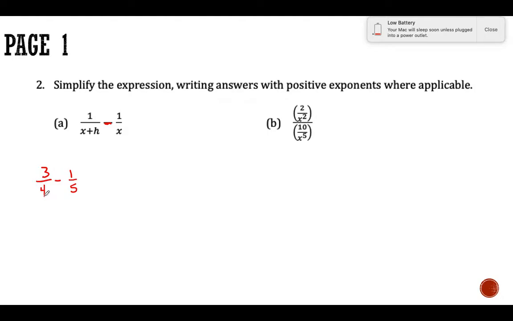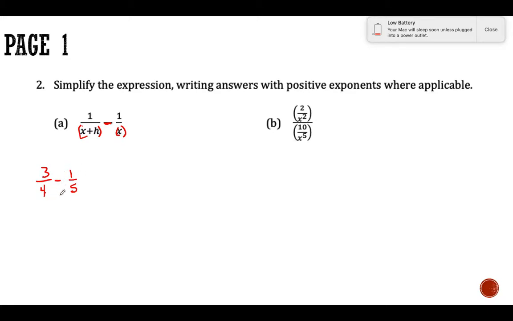The common denominator would be 4 times 5 because neither 4 nor 5 have anything in common. So what does x plus h, the factor, have in common with x, the factor? I know they both have an x, but as a factor, they've got nothing in common.